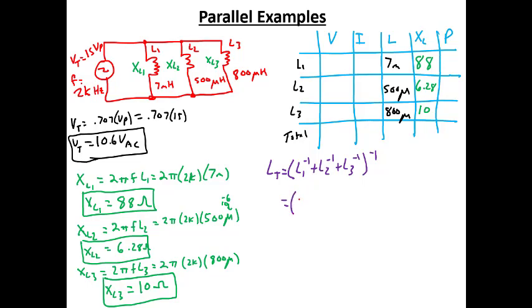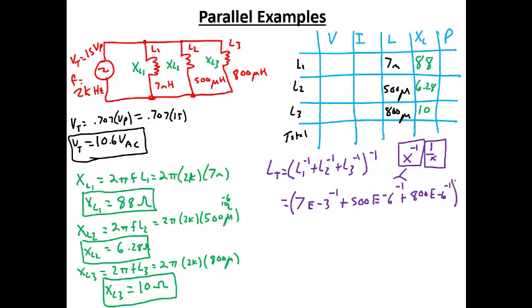On my calculator, I put parenthesis 7 and hit the EE button, negative 3, and then I hit the negative 1 button, plus 500 EE negative 6 to the negative 1 power. This button is either x to the negative 1 or 1 over x, depending on what calculator you have, plus 800 EE negative 6 to the negative 1. I close the parentheses and then hit the negative 1. Let me do that on my calculator real quick here.